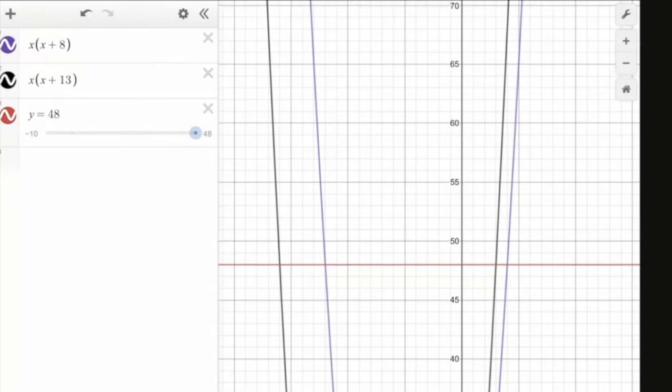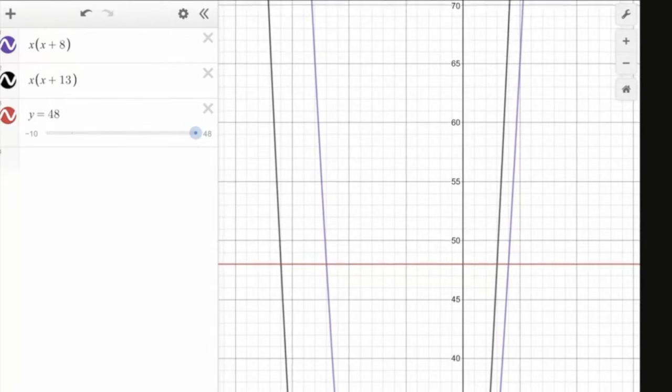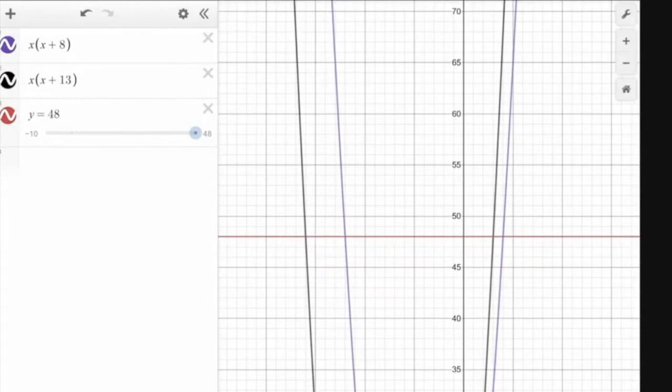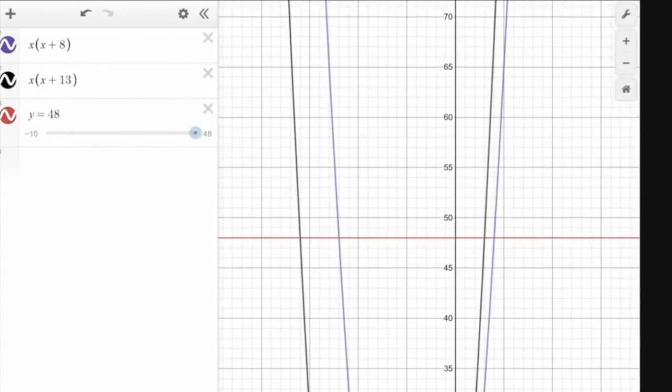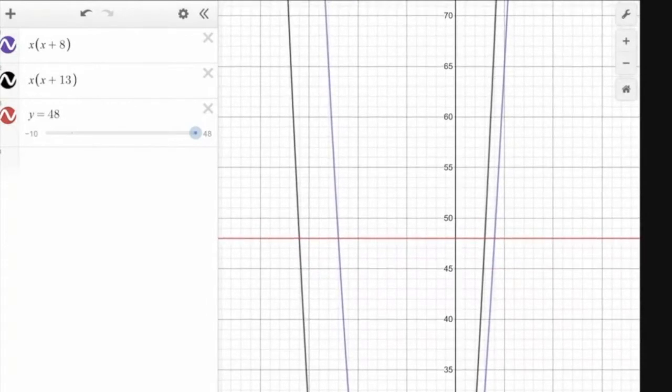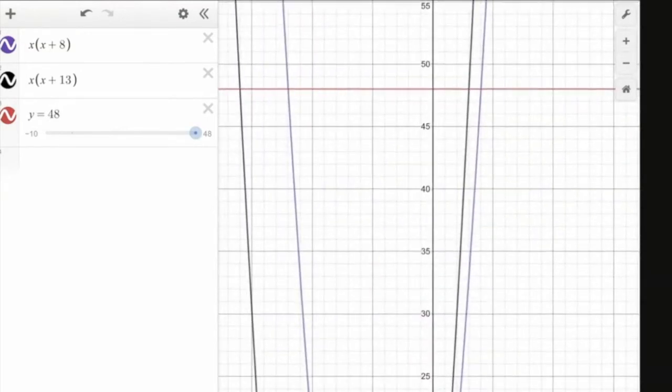I want 3 and -13, and 4, no, 3 and -16, and 4 and -12. All right. So we're able to graph these at the y equals 48 line to be able to see what the particular zeros are, where the graph equals 48.